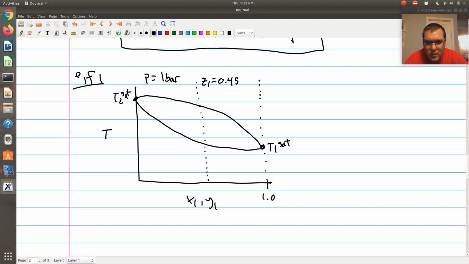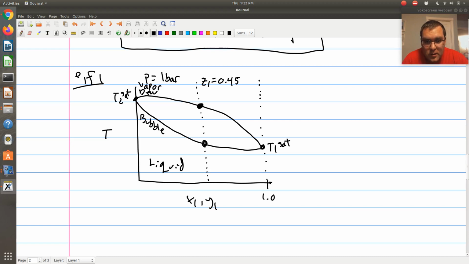Now low temperatures favor my liquid. High temperatures up here are my vapor, and in between is two phase. So that would make this my dew line. This is my bubble line. This would correspond then to the dew point and bubble point of my mixture.